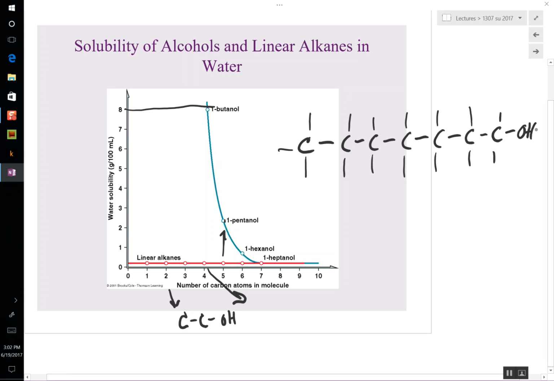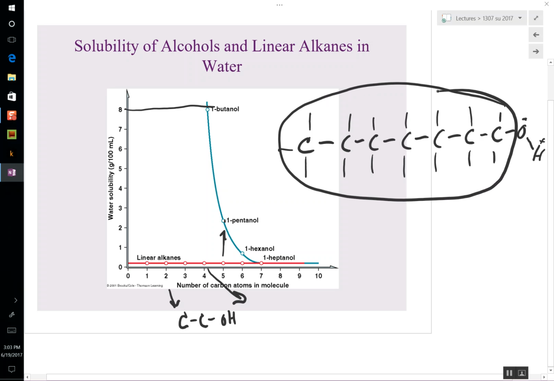Let me draw this one a little bit differently. Let me draw it like this. There's our hydroxyl group. And I said this is polar. This little part of the molecule, that OH bond, is polar. That's what is attracted to water. Well, this whole thing right here is non-polar.